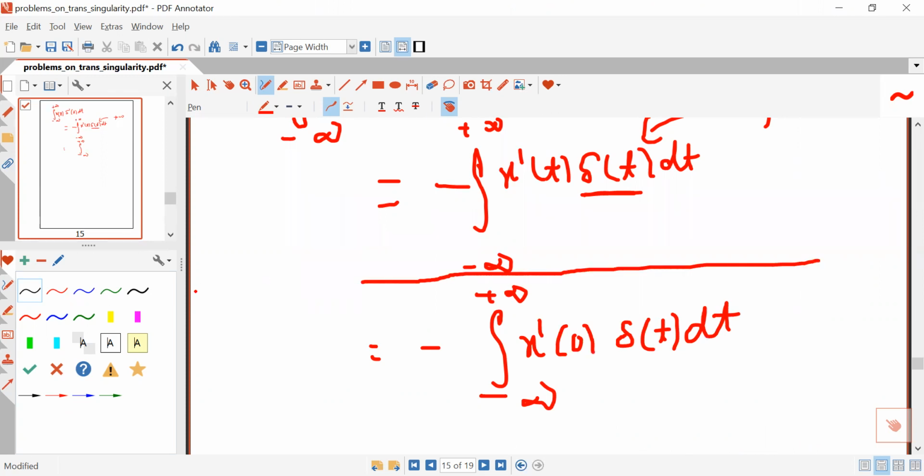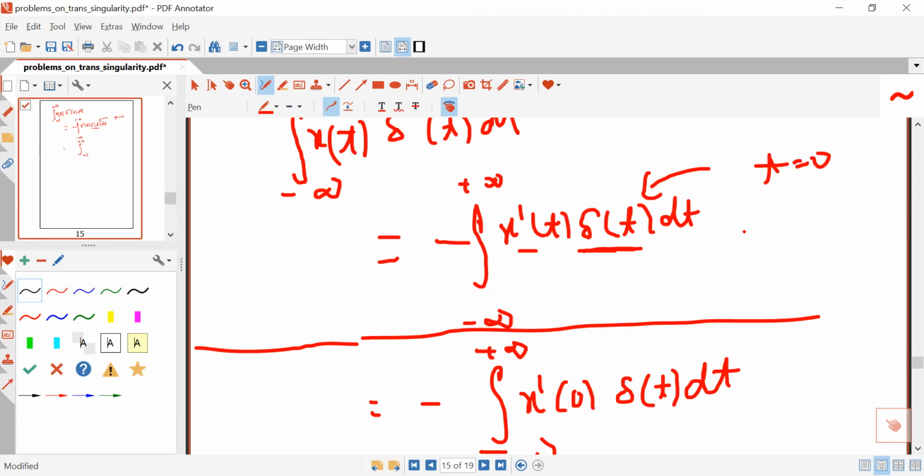Or from the fundamental concept, you can say, since this product is 0 everywhere, because delta t is 0 everywhere, the meaning of this product is you have to calculate it only at t equal to 0.